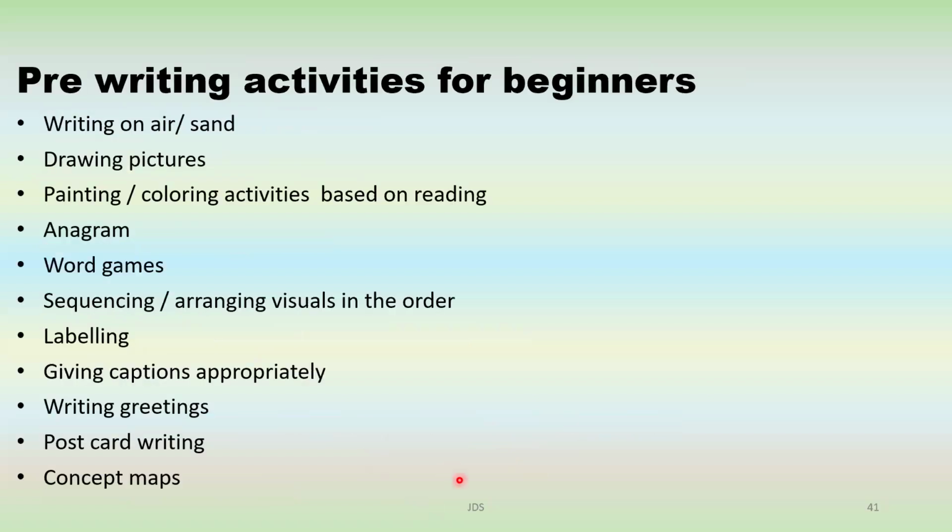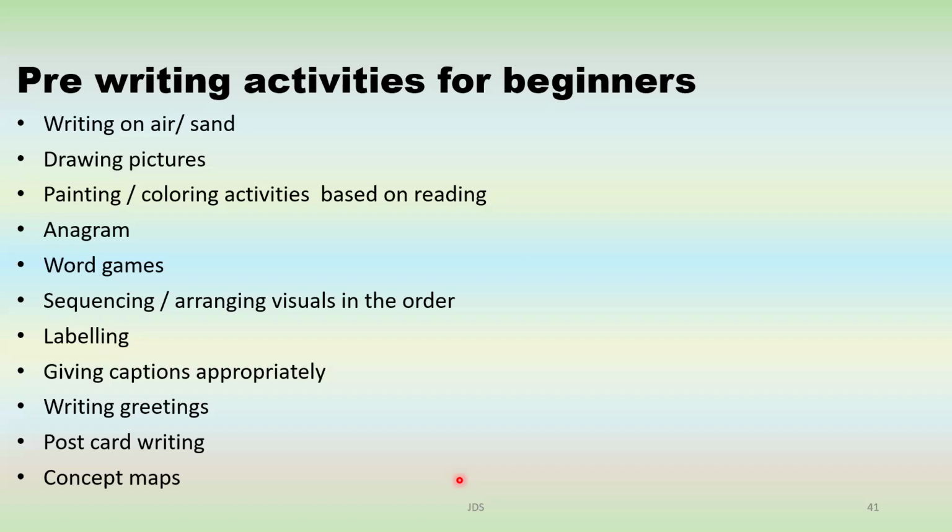Look at the pre-writing activities for beginners. Writing on air, that is the teacher using the finger and just writing on the air and showing them how to form a letter. Or you use your fingers and just mime how to write the simple F and ask them to guess what is the letter that I have written.